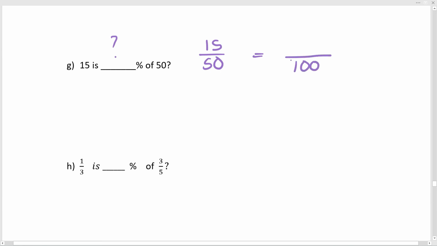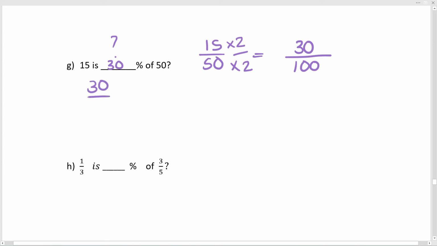So it's going to be the same as what we've done. It's just asked for in a different way. So 50 does what to get to 100? It multiplies by 2. So I'm going to multiply that by 2 as well. And that gets me to 30. My answer then is that 15 is 30% of 50.